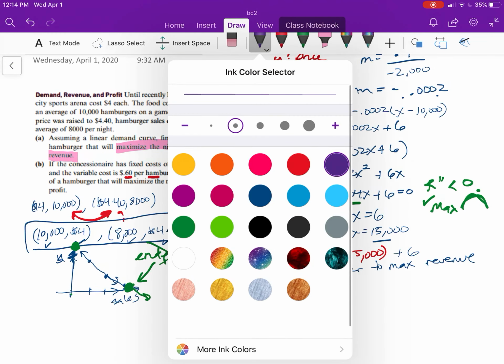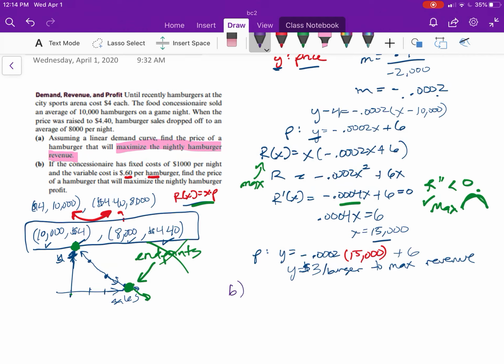So let's change colors here. We'll go purple. B. Okay, now we're trying to maximize profit. Profit is revenue, take away the cost, right? We've seen that. Revenue minus the cost gives us profit.